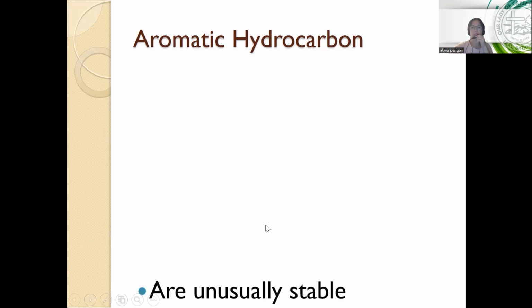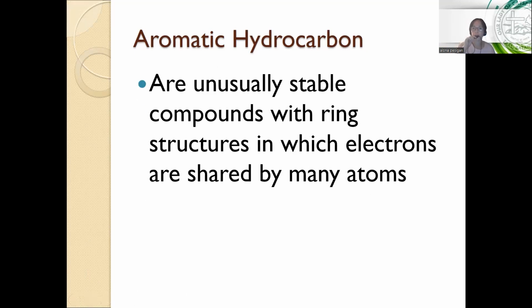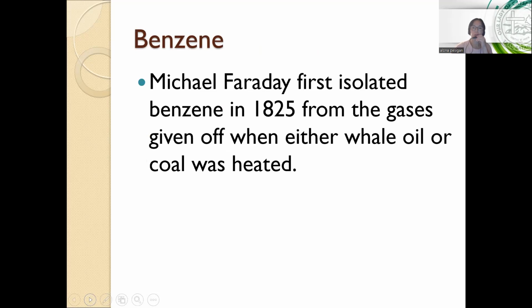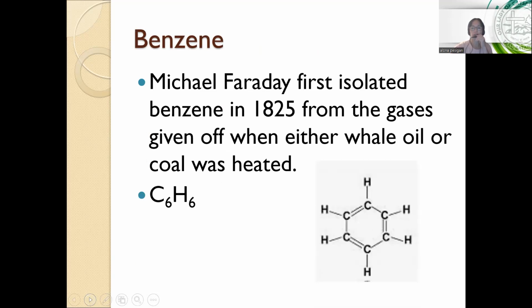Aromatic hydrocarbons are usually stable compounds with a ring structure in which electrons are shared by many atoms. The identity of aromatic hydrocarbons is benzene, which was proposed by Michael Faraday with a formula of C6H6. And this is how it looks like. So you see here the structure of benzene.